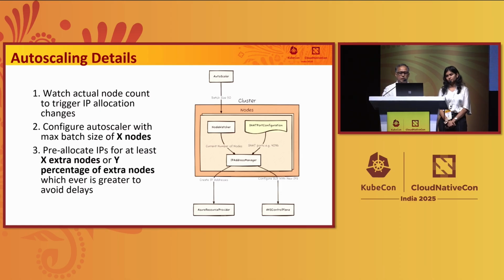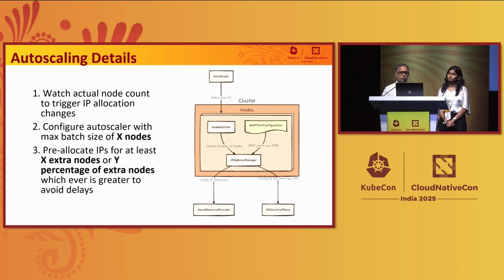The agent looks at the number of nodes and this CRD configuration and creates new IP address instances and attaches them to SLB using the AKS control plane API whenever the number of nodes reaches a certain threshold. One way to calculate this threshold is, as we discussed in the last slide, where we keep a margin of 50 nodes, the autoscaler adds 50 nodes, and then we add IPs for 50 more nodes. But this is a very slow scale up of the cluster.